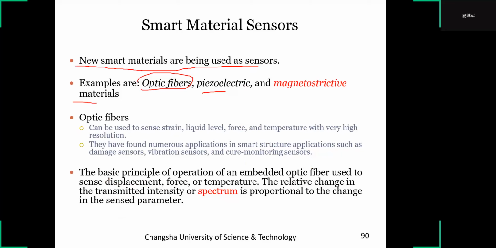This optical fiber can be used to sense strain, liquid level, force, and temperature with very high resolution. They have found numerous applications in smart structural applications, such as image sensors, vibration sensors, and cure monitoring sensors.